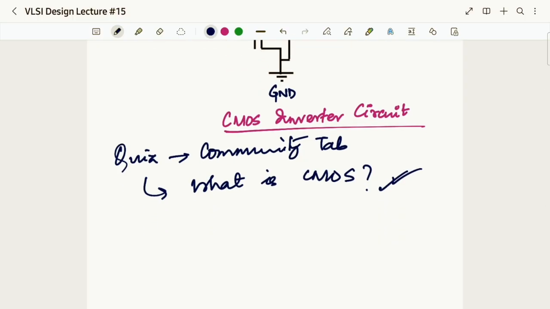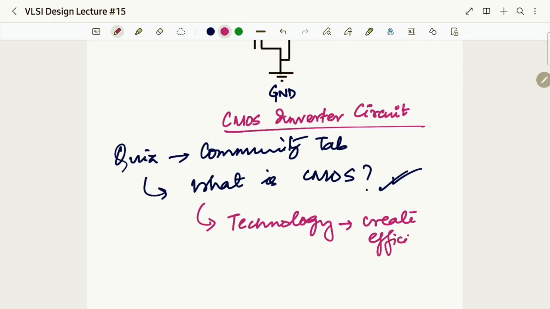Now we see the term MOS and we think, okay, this is another type of MOSFET. Wrong. The answer is, it is a technology. And with this technology, we create efficient ICs, integrated circuits.